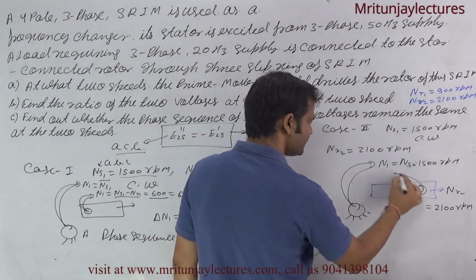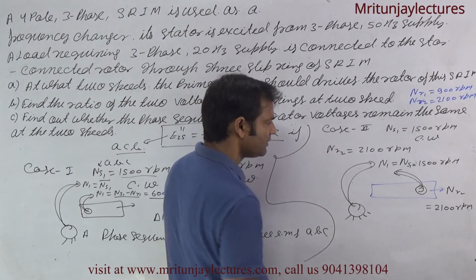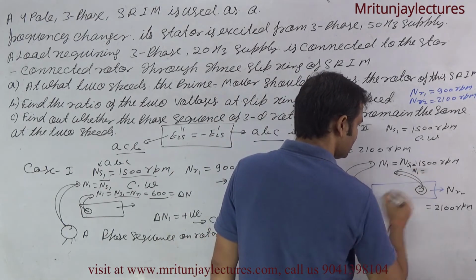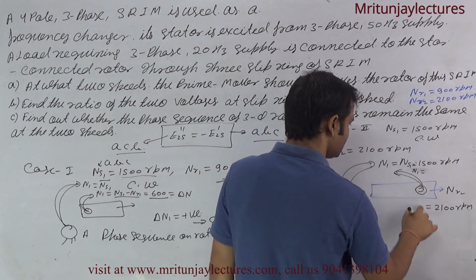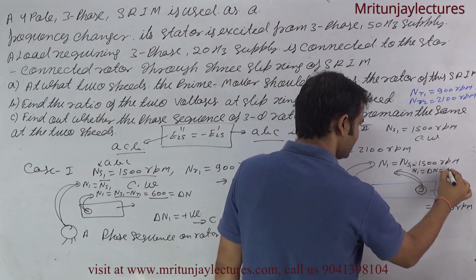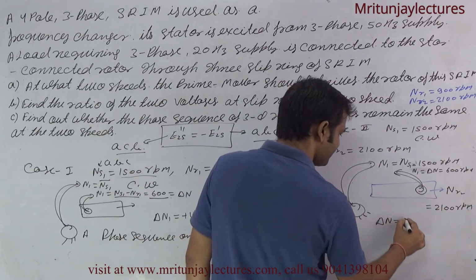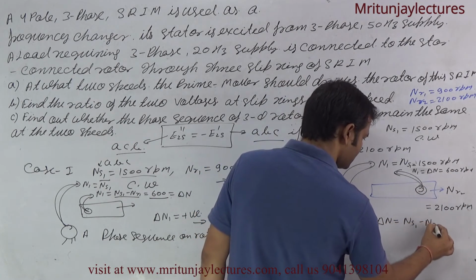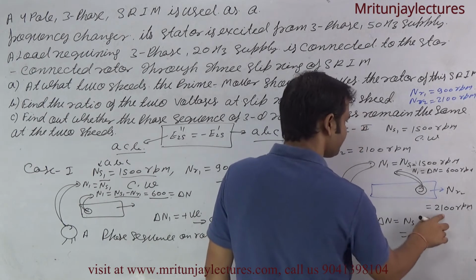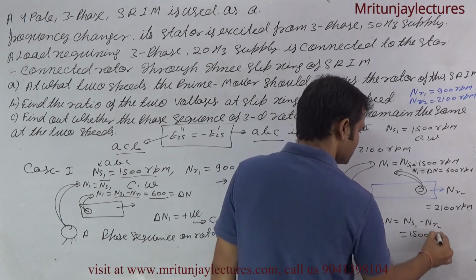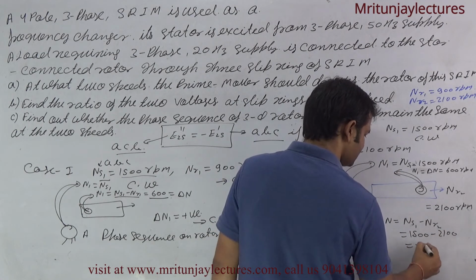And the rotor sees a relative speed, delta N, of minus 600 RPM. Why? Delta N means NS1 minus NR2, that is 1500 minus 2100, which is minus 600.